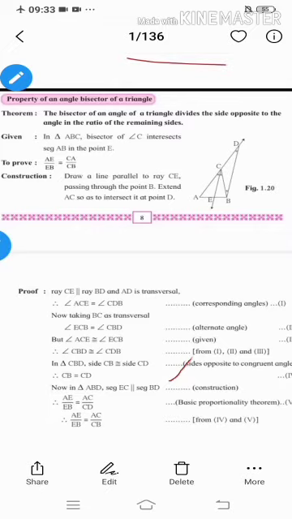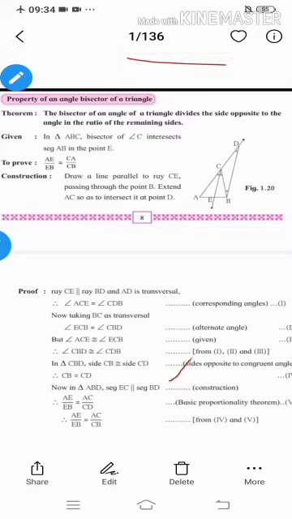I repeat one more time: the bisector of an angle of a triangle divides the side opposite to the angle in the ratio of the remaining sides.